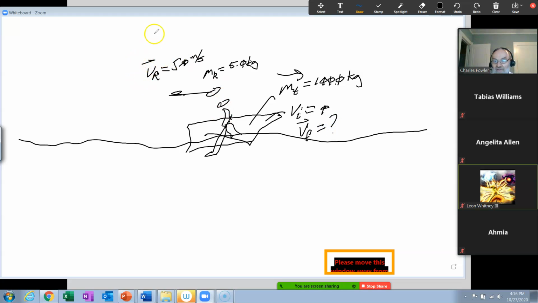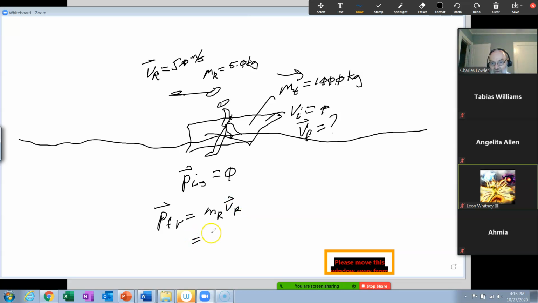So let's do the initial momentum of the system. P initial for the system is 0. Okay, they're not moving at all. Okay, P final for the rock is going to be mass of the rock times velocity of the rock.